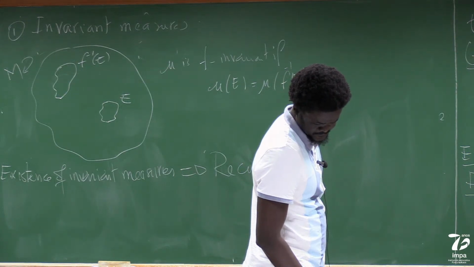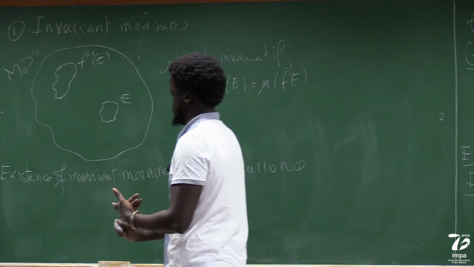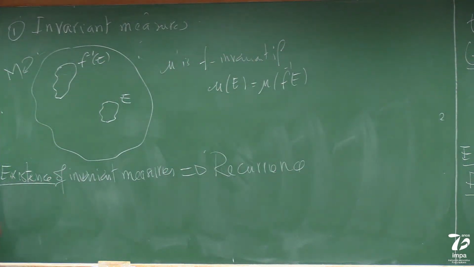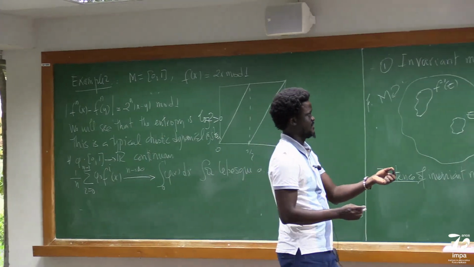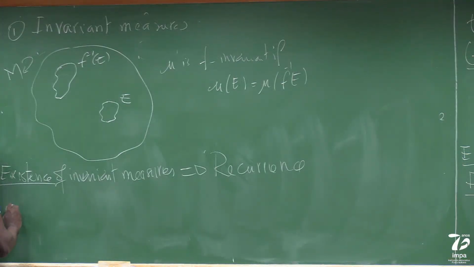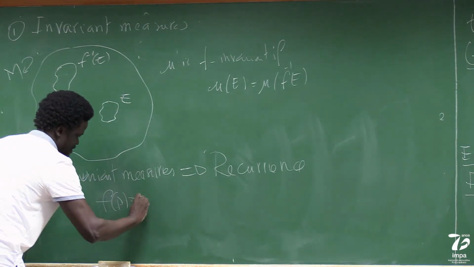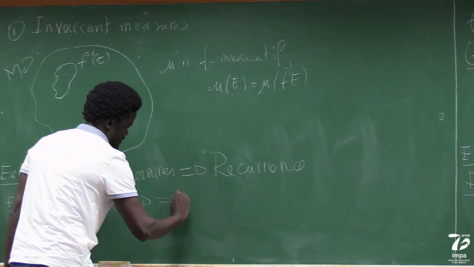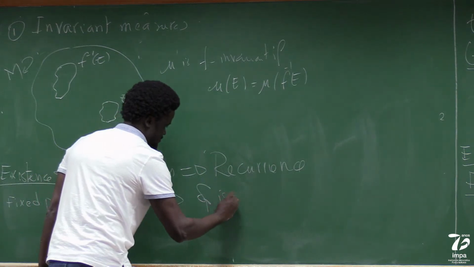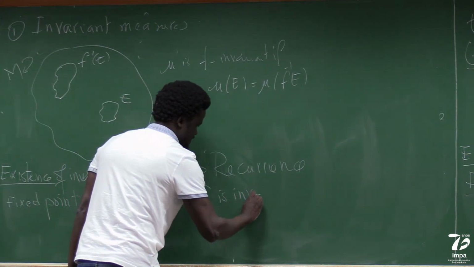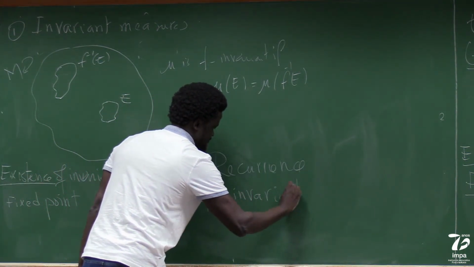We will see the existence, like when do they exist. In general, you have plenty of them. Whenever you have a fixed point of the system, meaning that f of p equals p, then delta p is invariant, the Dirac delta based at p.